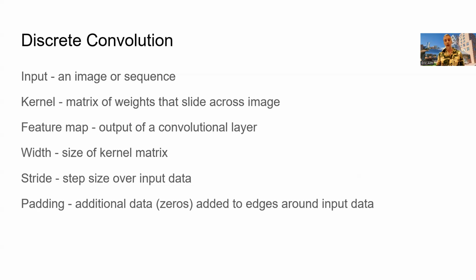My kernel is kind of my viral shedding function. That's telling me what I am going to do to this input sequence. That's what's performing the convolution. The output of performing a convolution, I'm going to refer to as a feature map.